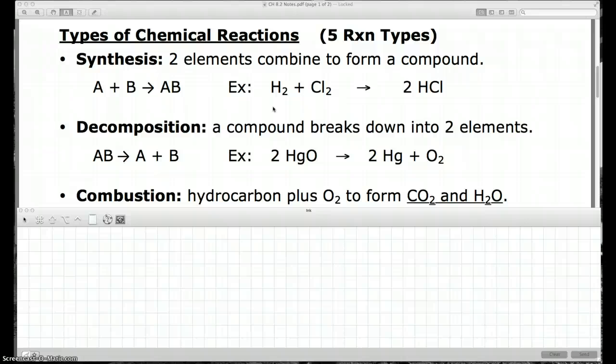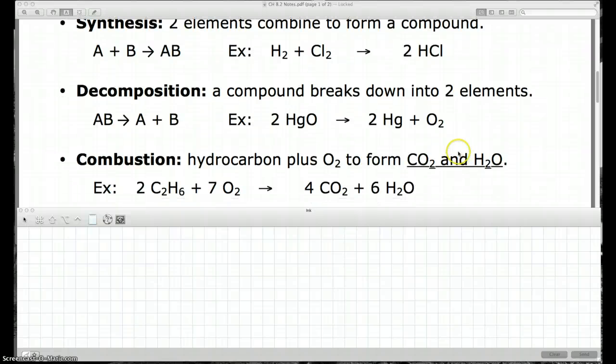Very simple, basic things. So we have a compound and we break it up into the individual elements. You can see that here. We have mercury oxide, a compound, and it breaks up into mercury and oxygen as separate things. So notice synthesis and decomposition are opposites, and I think that's even a book question answer right there for you.